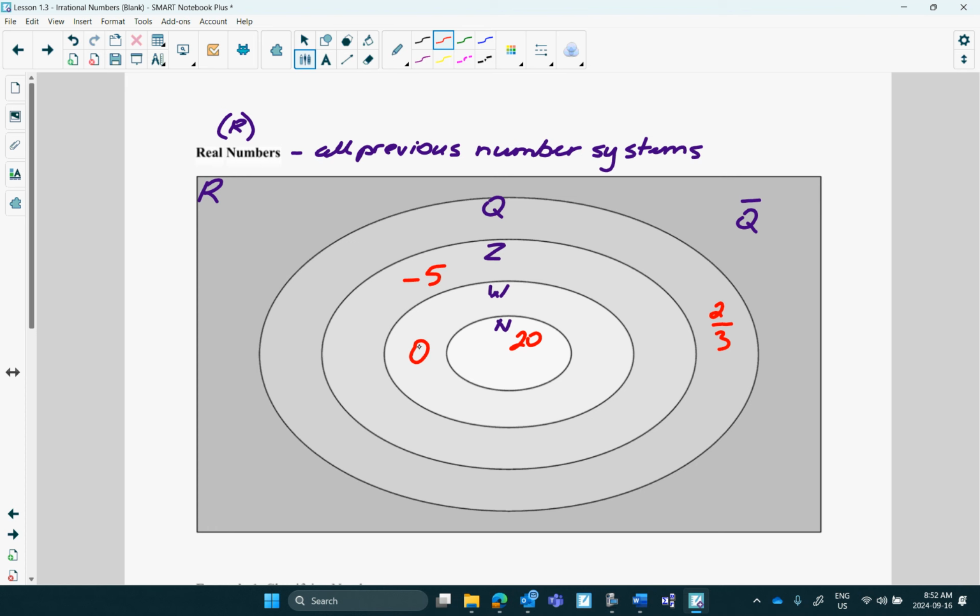Outside. Irrational. You want to give me the letters? 2, 1. Inside or outside? Oh, wait, yes, you're right.